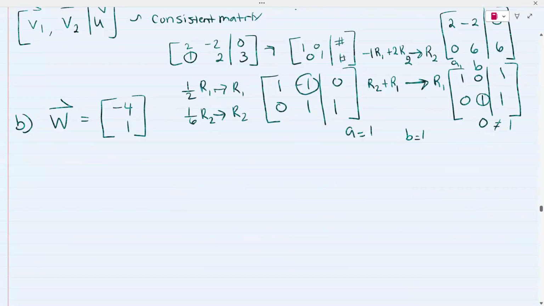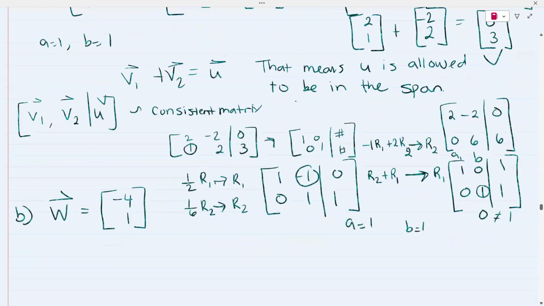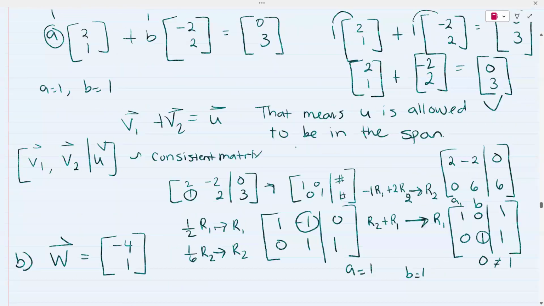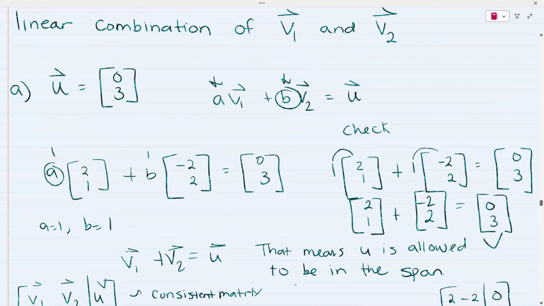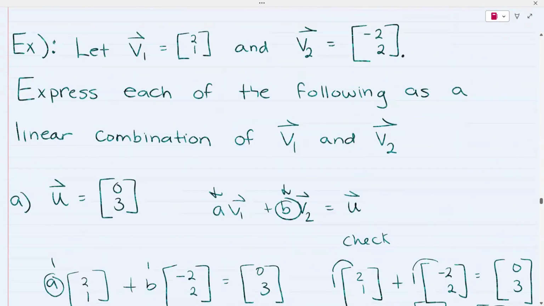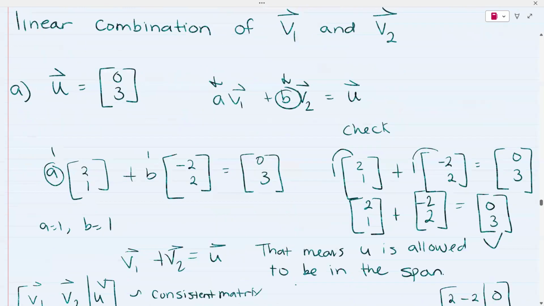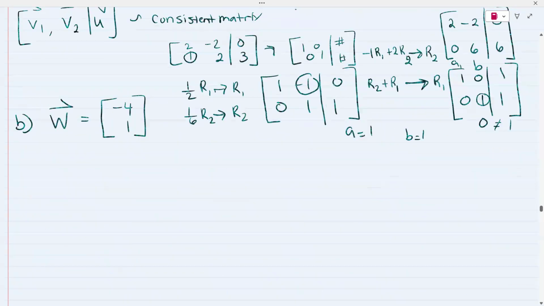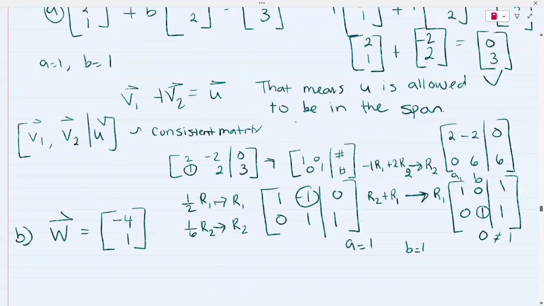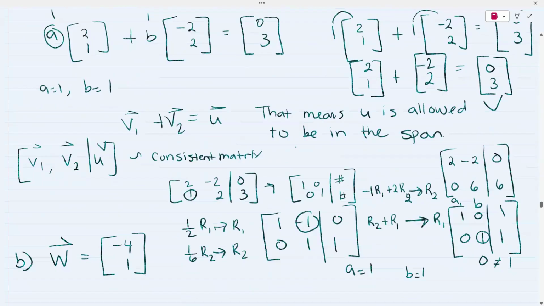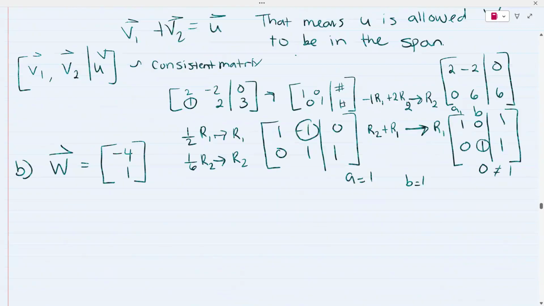Okay, let's do B. This time W is going to be the vector negative 4 comma 1. V1 and V2 are the same. So in B, the only difference is my vector W is equal to negative 4 comma 1. Instead of equaling it to 0 comma 3, we're going to equal it to negative 4 comma 1.